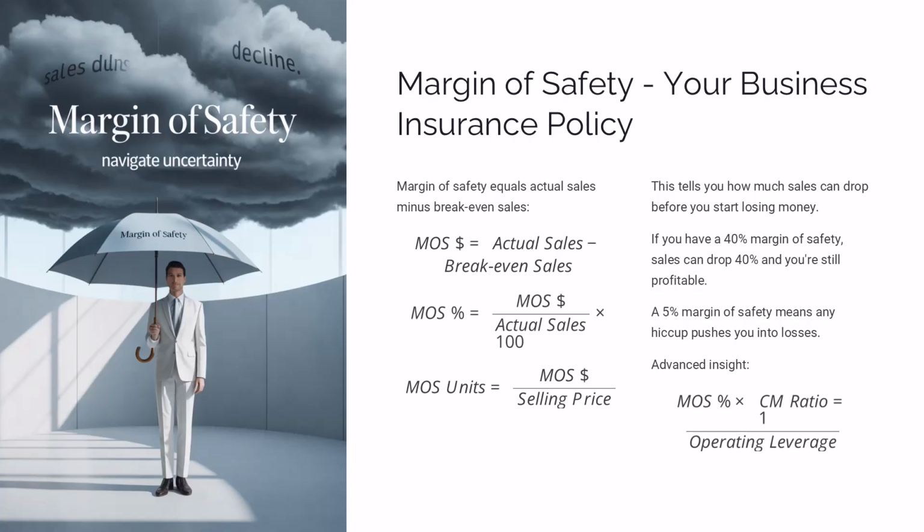This is literally your business insurance policy, because if you have a 40% margin of safety, sales can drop 40% and you're still profitable, while a 5% margin of safety means any hiccup pushes you into losses, which is why companies with high margins of safety survive recessions while others fail. Think about your personal margin of safety.